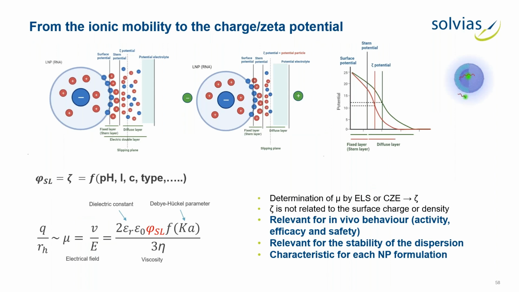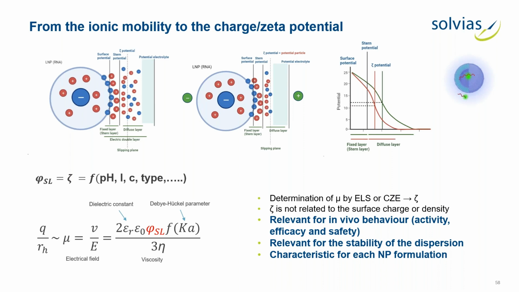So I mentioned CE and ionic mobility, but why is ionic mobility so important for particles? I know electrochemistry is not everyone's cup of tea, but the understanding of the zeta potential is really indispensable and important in particle analytics, as it is relevant for in vivo behavior and relevant for the stability of the dispersion.